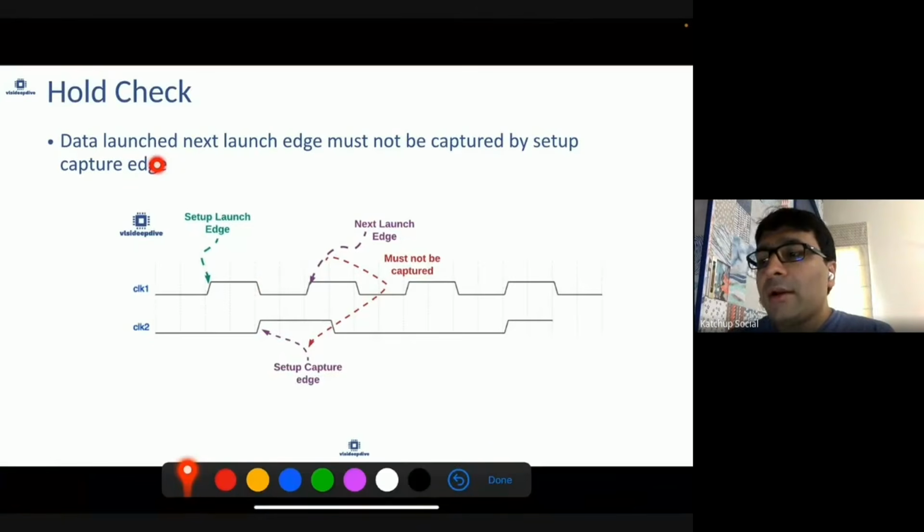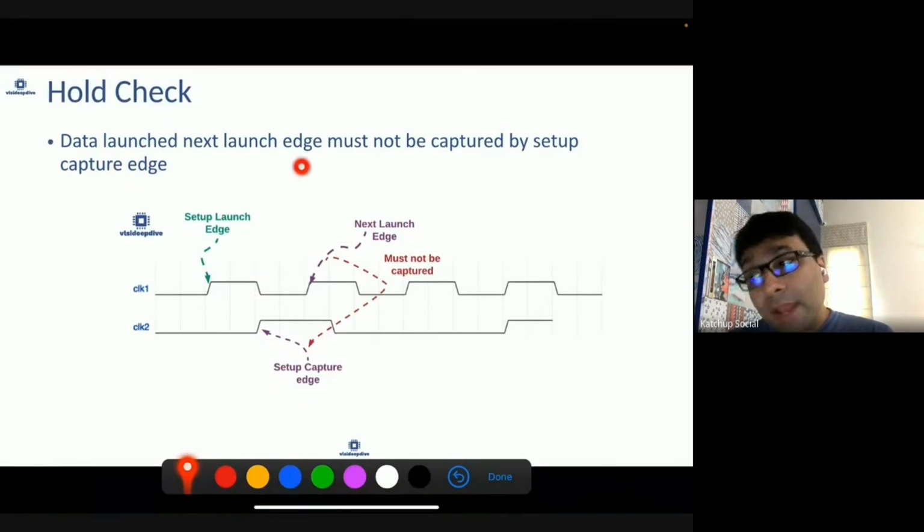Second rule is data launched by the next launch edge must not be captured by the setup capture edge. So let's say you're launching data here and capturing here. So the next launch edge is this. Data launched by the next launch edge must not be captured by the current setup capture edge.